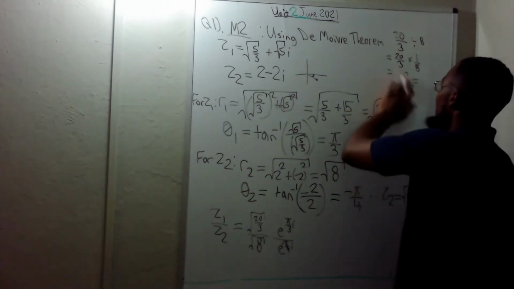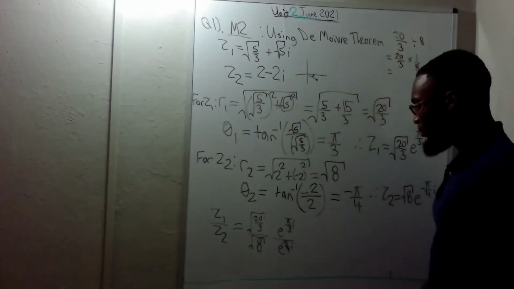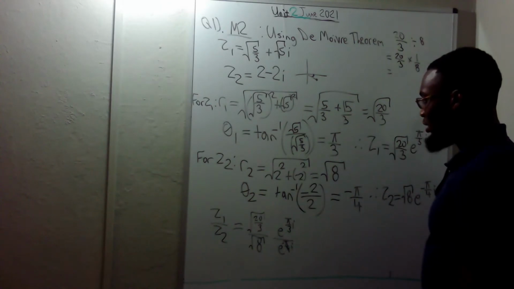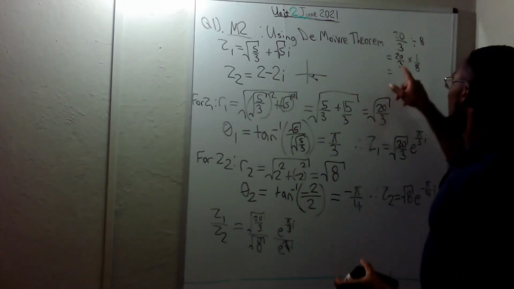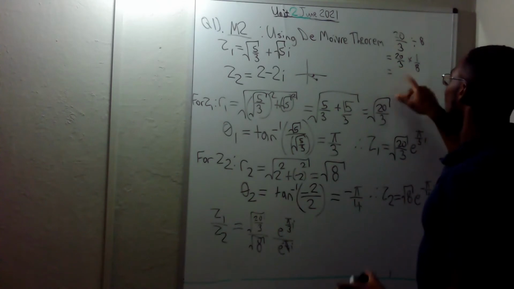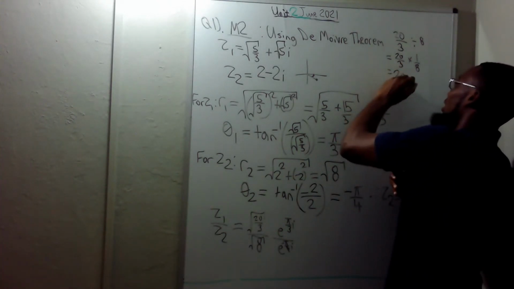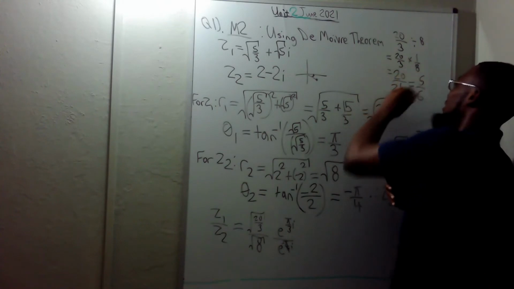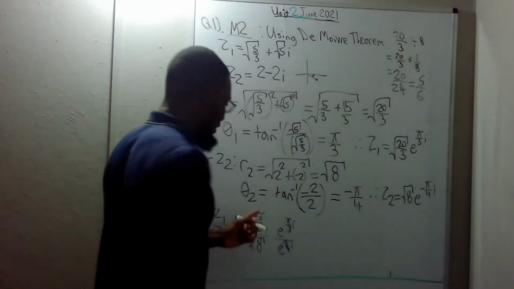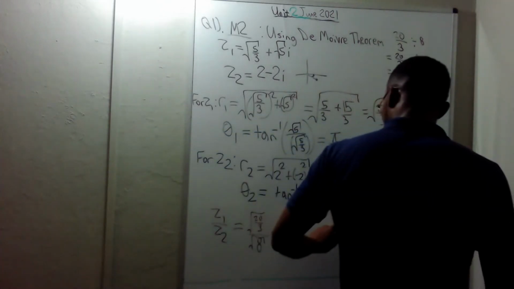Wait, let me go again. 20 over 3, oh, 24, sorry. 20 over 24, that's 5 over 6. So this is the square root of 5 over 6.